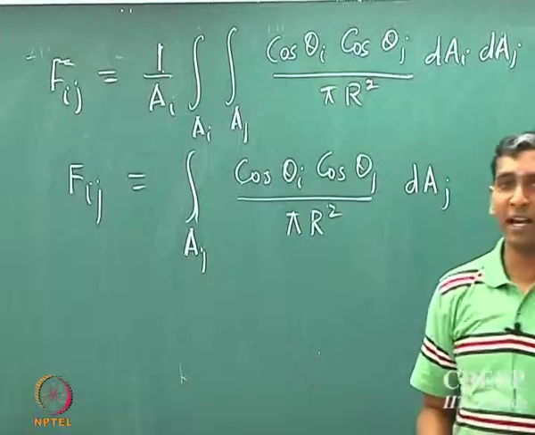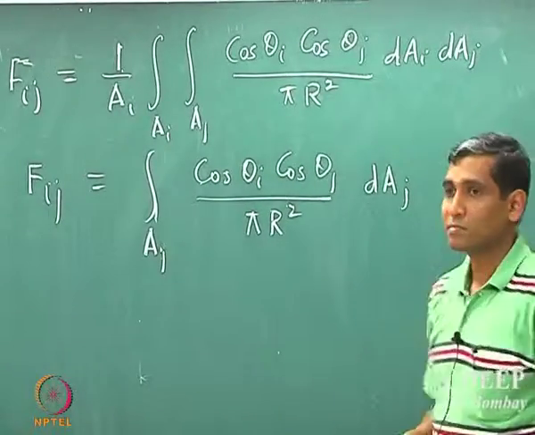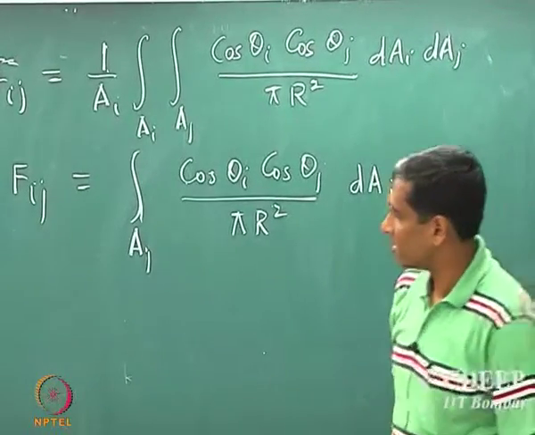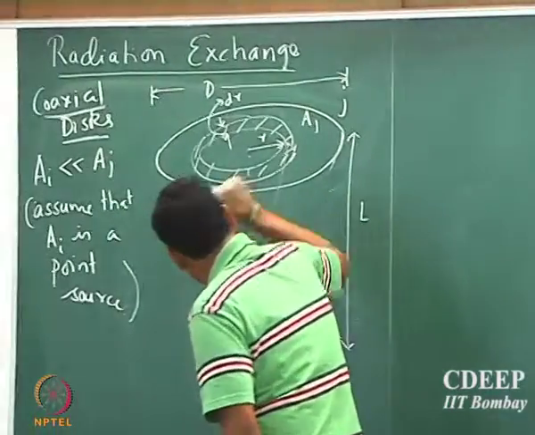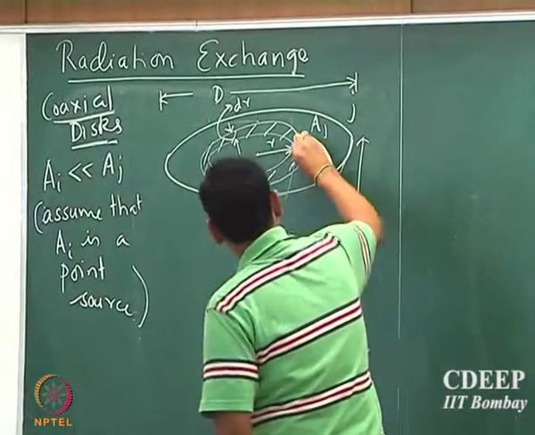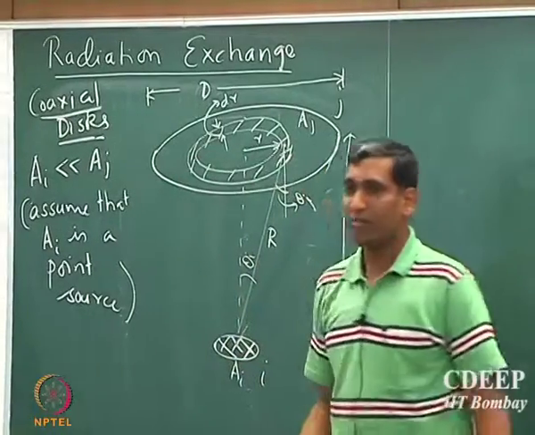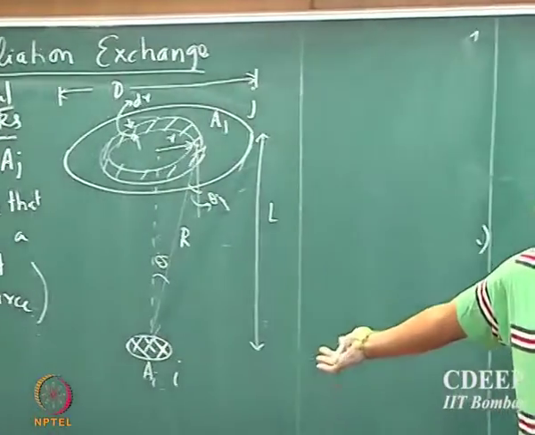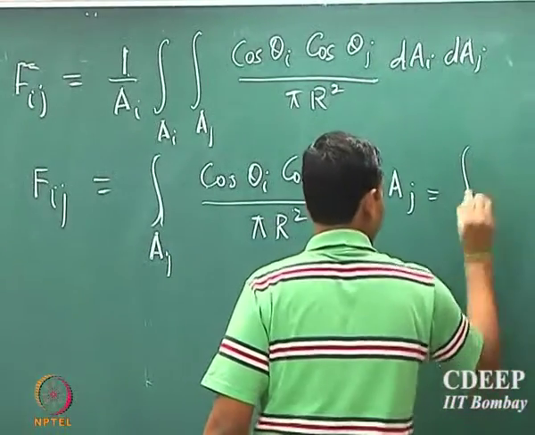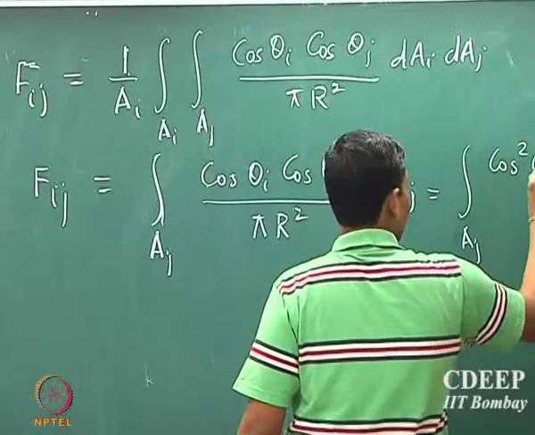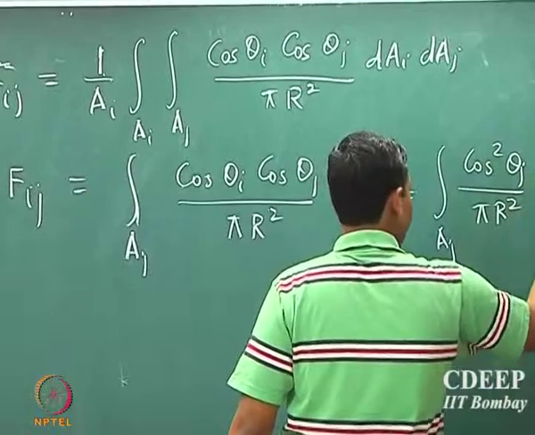What can we say about theta i and theta j? Theta i is this angle, and this is theta j. By simple geometry we know that they are one and the same, and so this will be integral over Aj cos square theta j divided by pi r square into dAj.